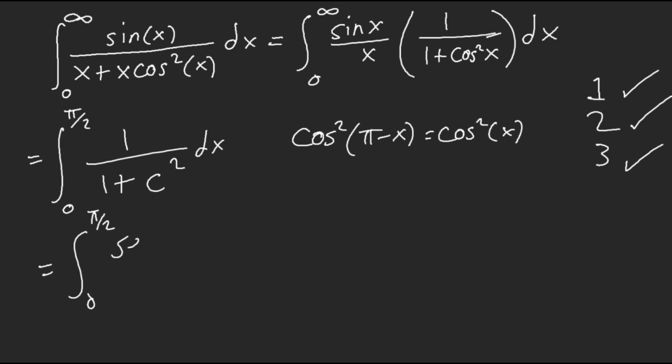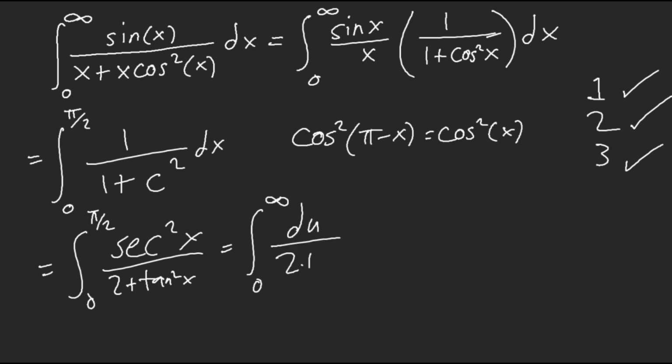Right, secant square, then secant square plus 1, this, 2 plus tangent square. This is what, 2 plus u square, right?